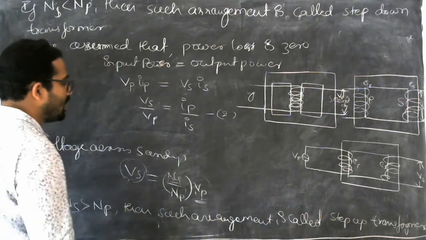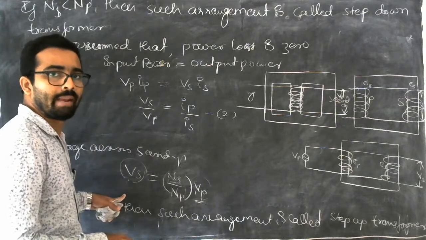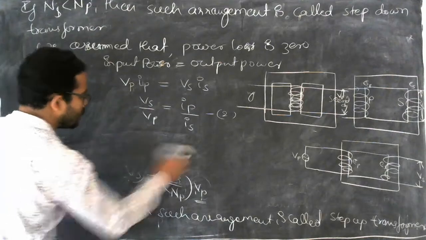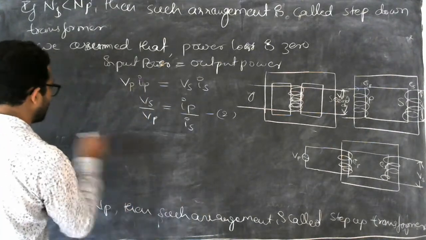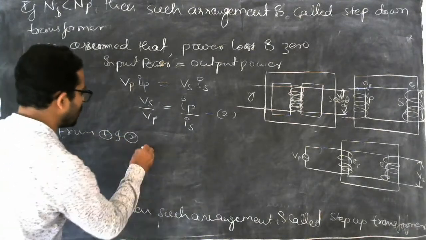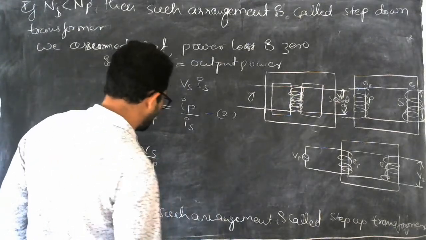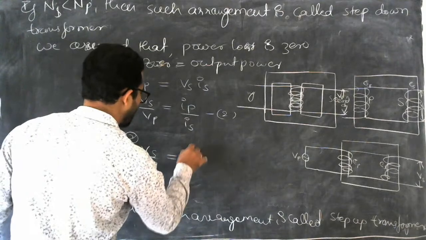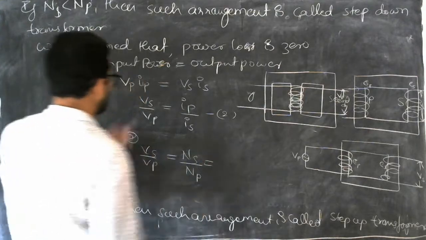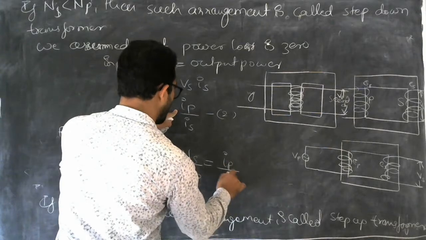Previous to this, we have written Vs by Vp is equal to Ns by Np. Take that as 1. From 1 and 2, Vs by Vp is equal to Ns by Np, which is equal to Ip divided by Is.